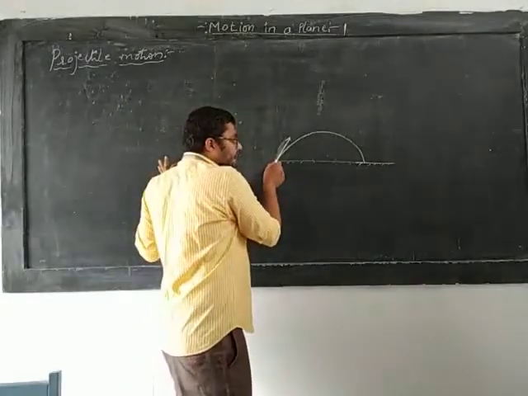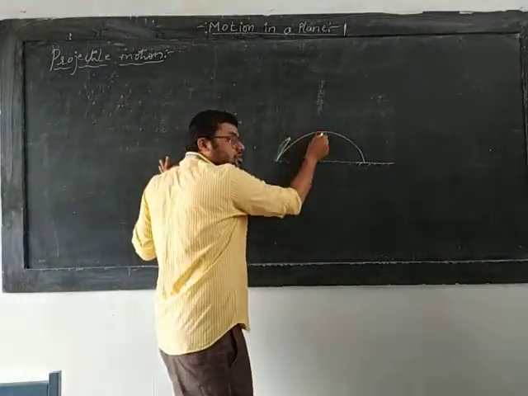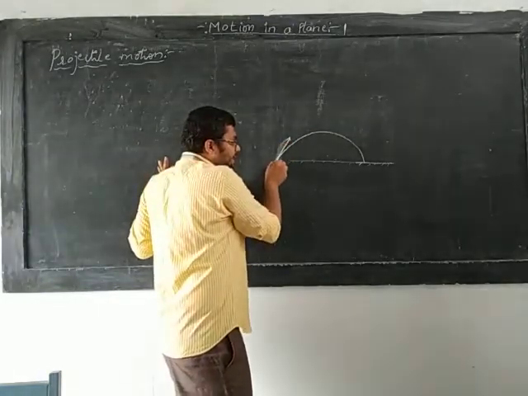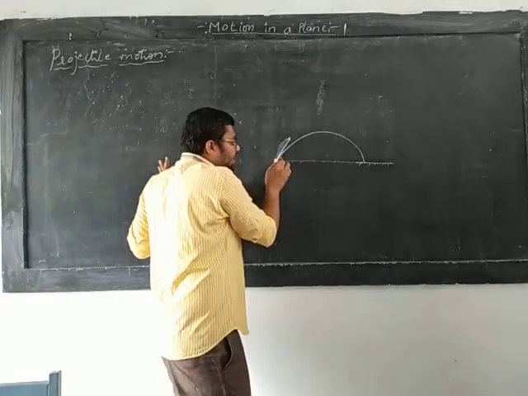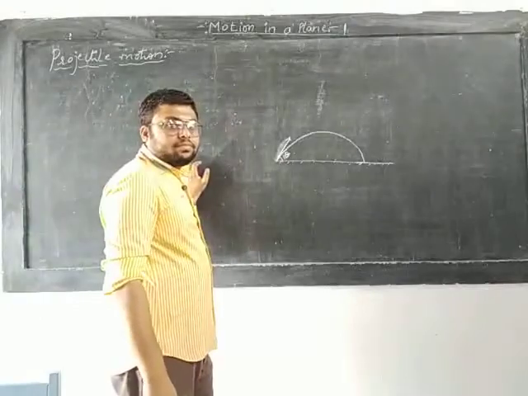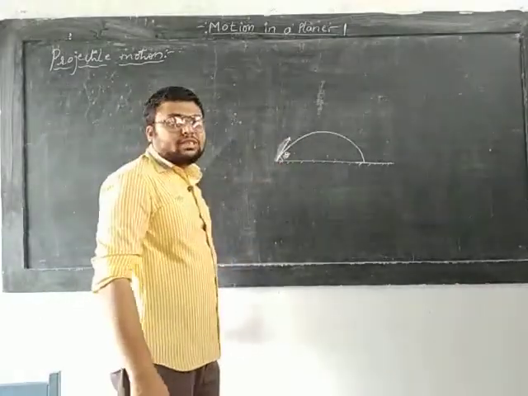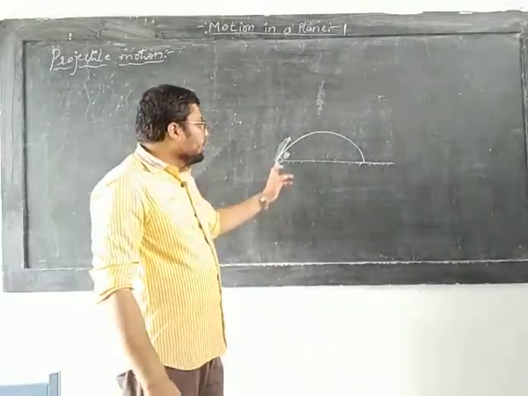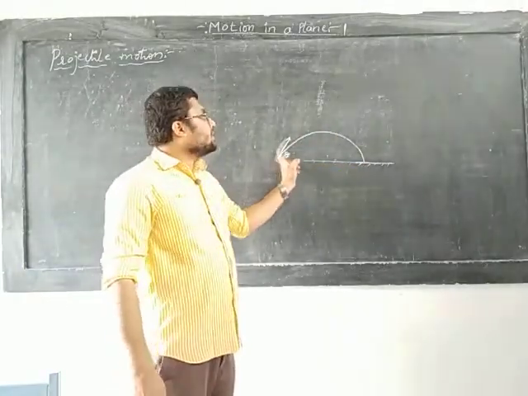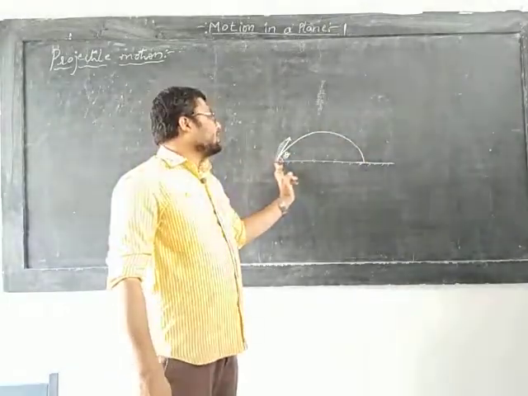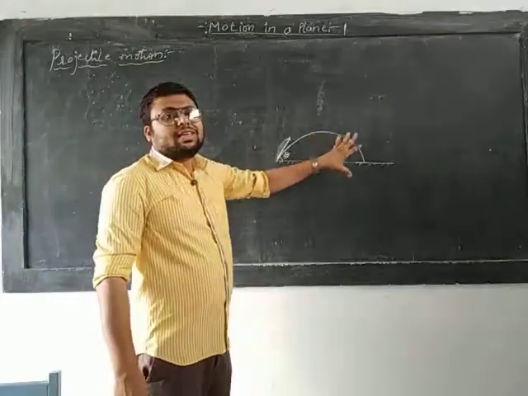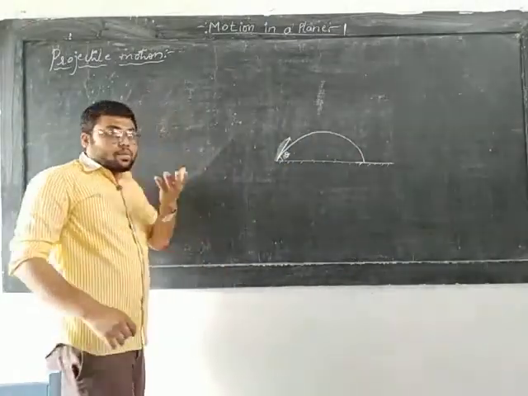So here the player will throw the ball with certain initial velocity, and the direction of velocity is this one. And this initial velocity will make an angle theta with the horizontal. If you throw the ball, it will travel like this, with certain initial velocity, and when it is traveling, it will make an angle with the horizontal. So this case of motion is called as projectile motion.